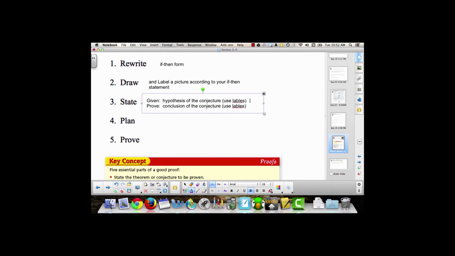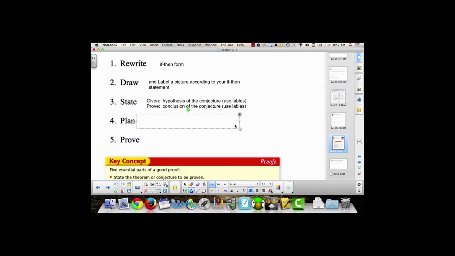This step helps you to know what information you know when you start and when you are finished with your proof. Once you have repeated this exact proof statement and have a reason for your proof, then you will be finished with your proof.